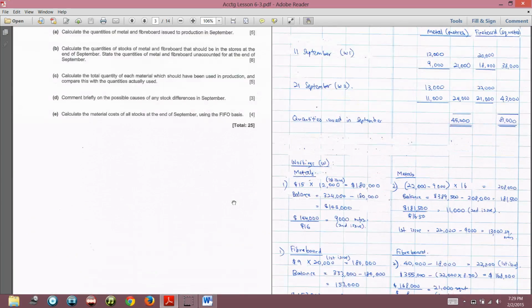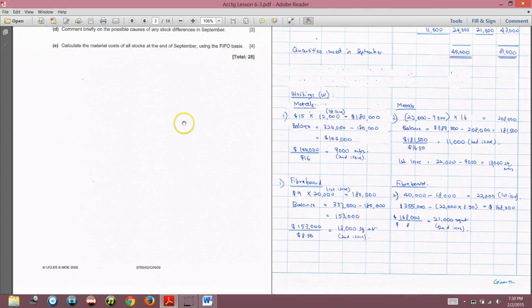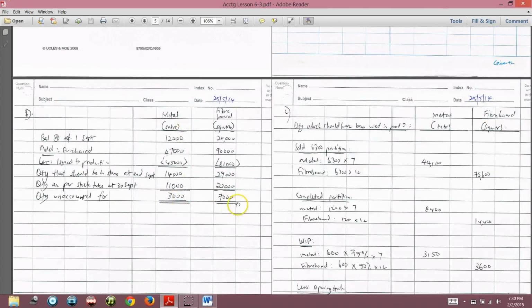Then now we look at part C. Calculate the total quantity of each material that should have been used in production and compare this with the quantity actually used. As for the quantity unaccounted for, the store manager should explain to the boss why there is some missing stock.